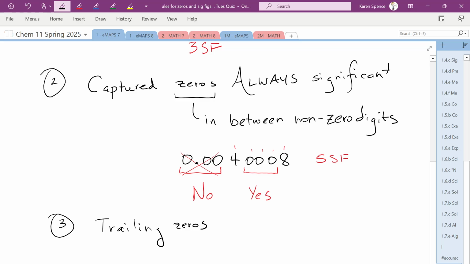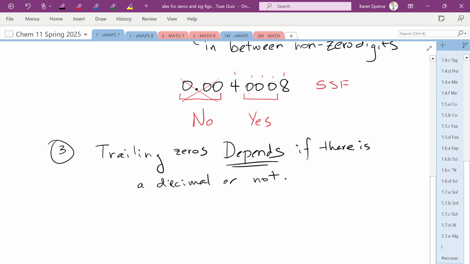Them being significant or not significant depends on if there's a decimal or not. Decimal, yes. Significant, yes.